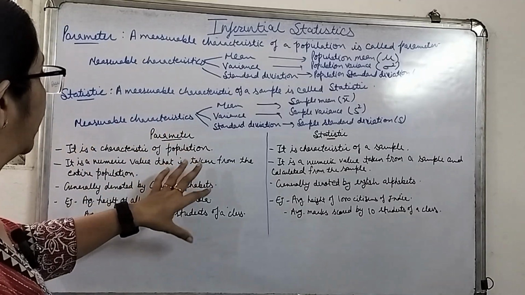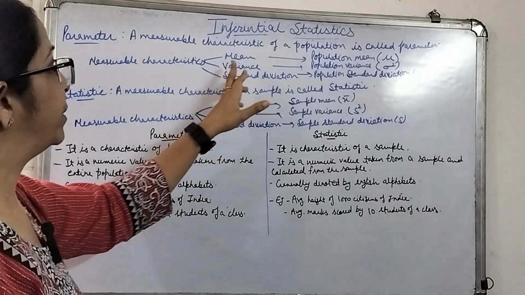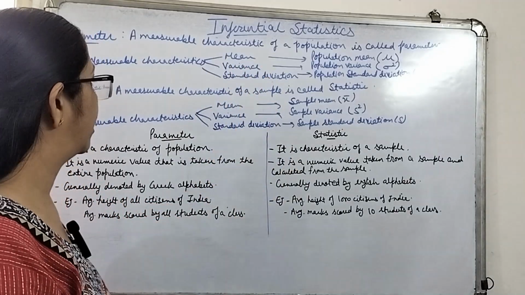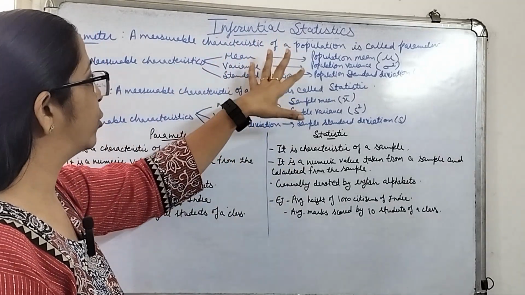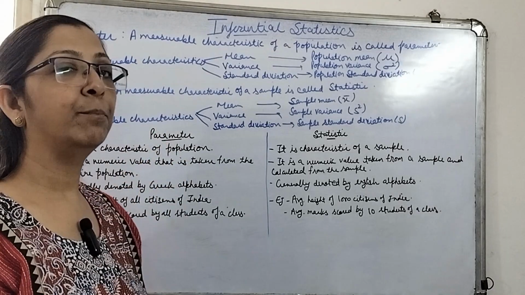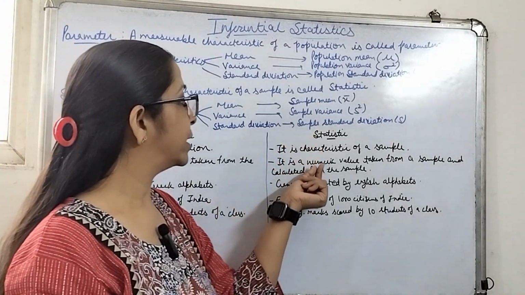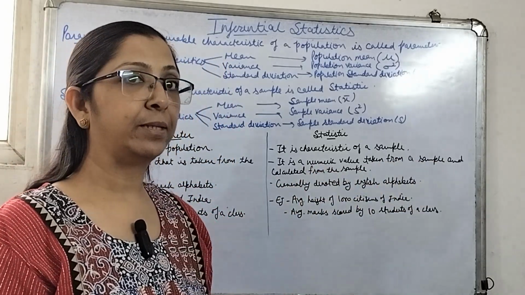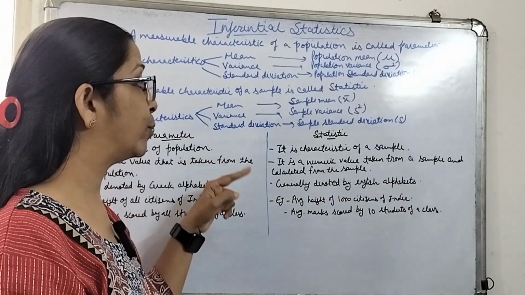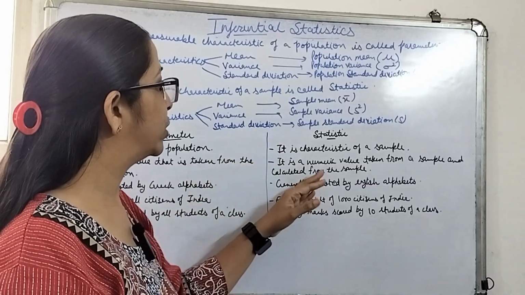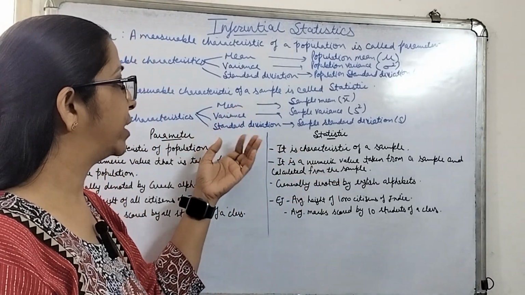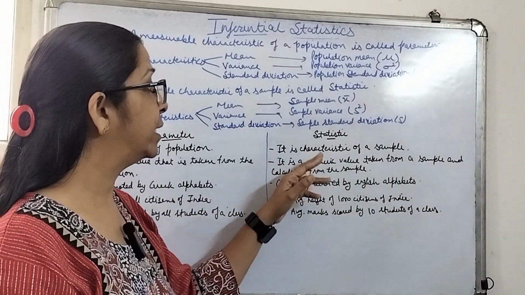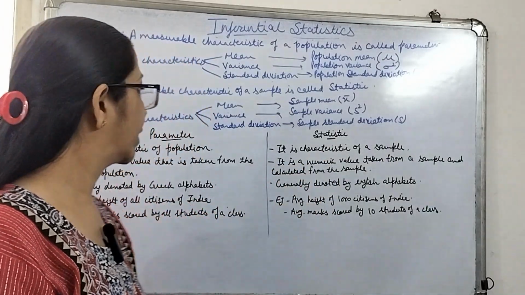We calculate the mean and variance for the whole population, and that is your parameter. Statistic is a numerical value taken from a sample and calculated from the sample. Whatever sample we have taken from the population, if we calculate the mean, variance, standard deviation or some other measurable characteristic for that sample only, then it is your statistic.